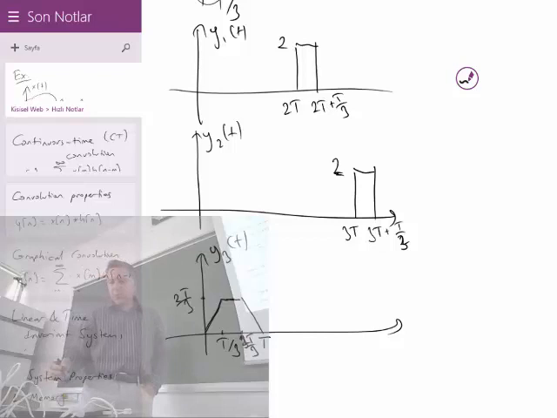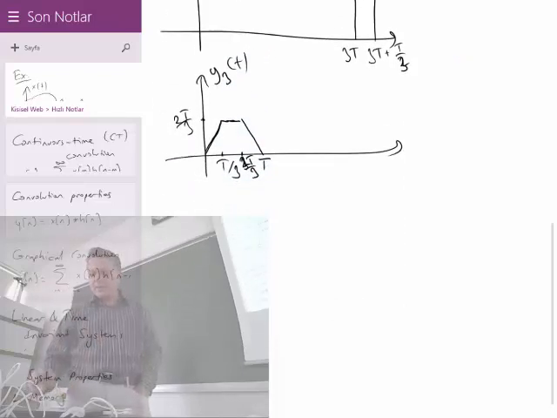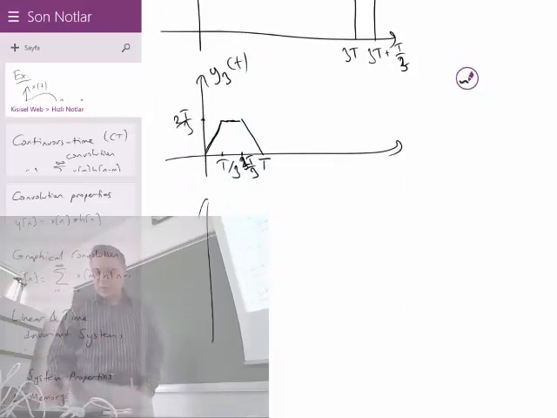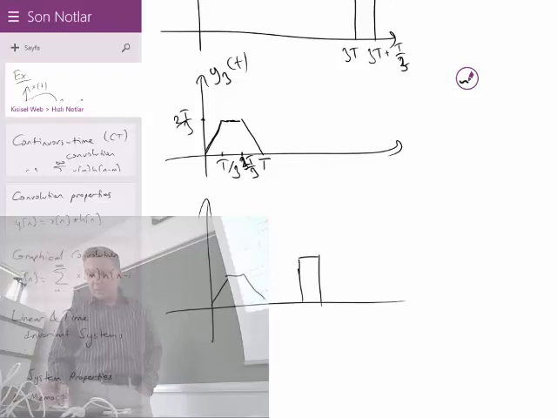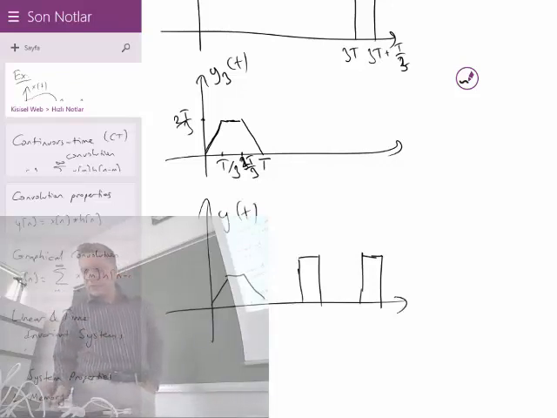What other components do we have? I have y1 of t, y2 of t, and y3 of t. So we have to combine them, and the result you must draw is some shape like this plus this plus this sort of thing. And that will be y of t that you have to draw.